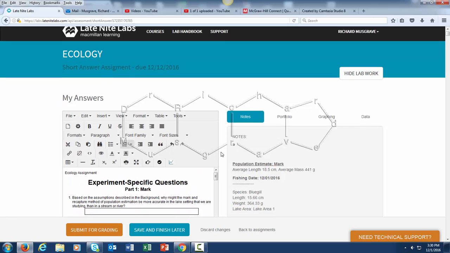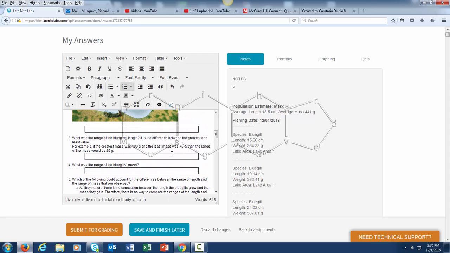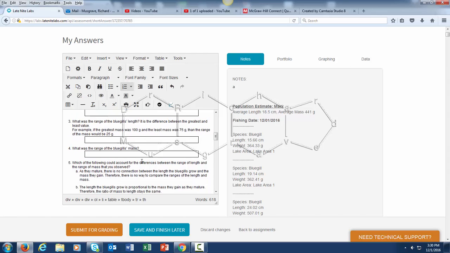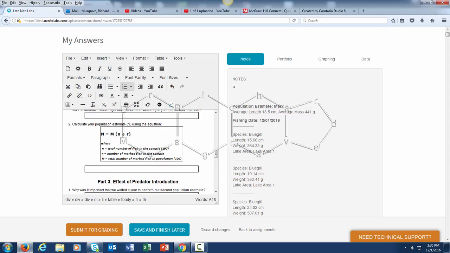So in the answers part, you can go ahead and answer everything here. It's asking for the range of the length of the fish. Now what you would do is go through the data and find the top mass and then the bottom mass, and that would be the range, and you can do that each time. And then you can figure out the total population, and they give you most of the data. All you need is the number of fish that were tagged. That's the N value.